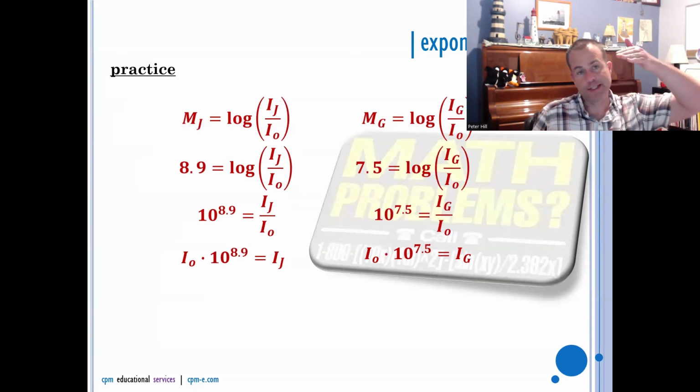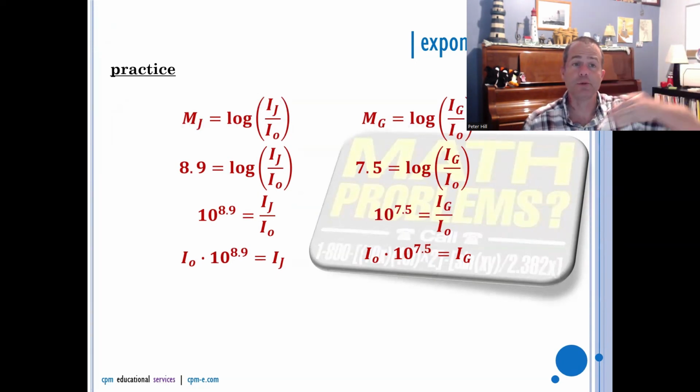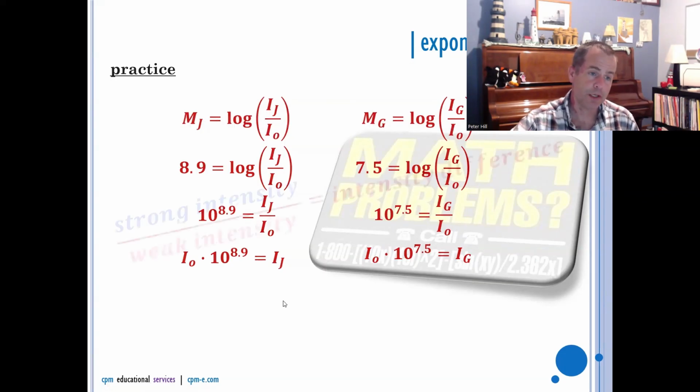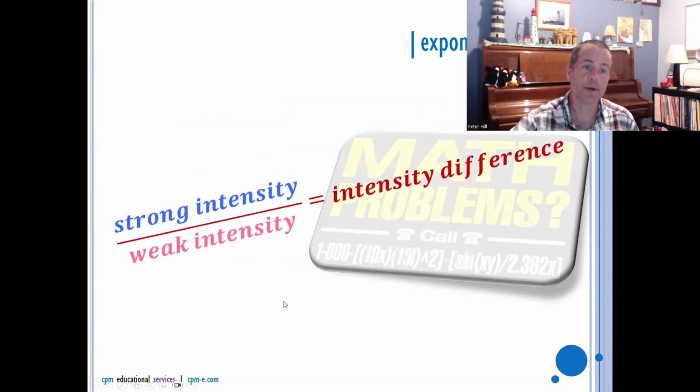Often it's the stronger intensity divided by the weaker intensity equals the intensity ratio. Now, it's all about perspective. If I said, hey, I am 3 times your age and you're 20, you would automatically say that I'm 60, because 60 divided by 20 is 3.